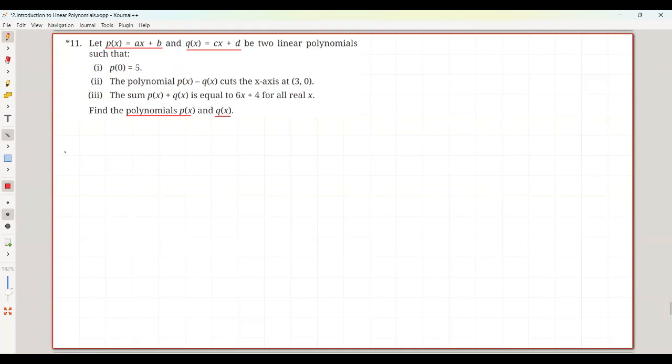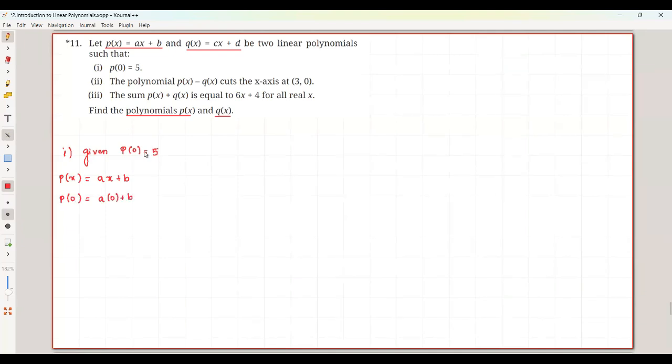First condition is given, P of 0 is equal to 5. And P of x is given as ax plus b, a linear polynomial. In the place of x, we have to take 0. So P of 0 means a into 0 plus b.